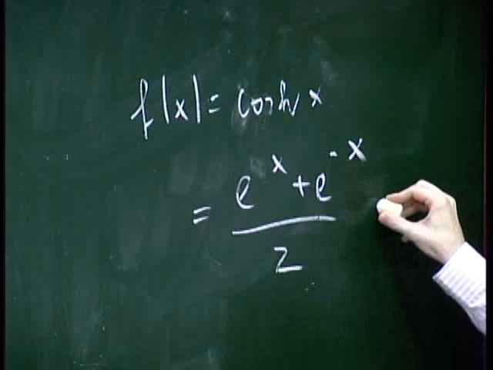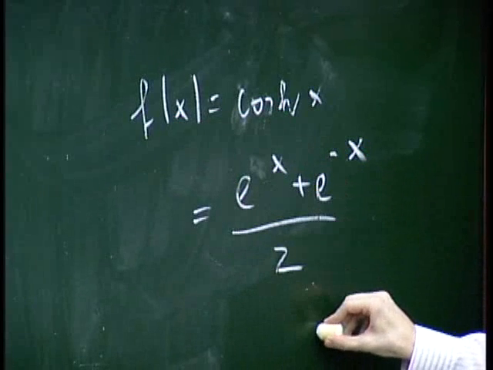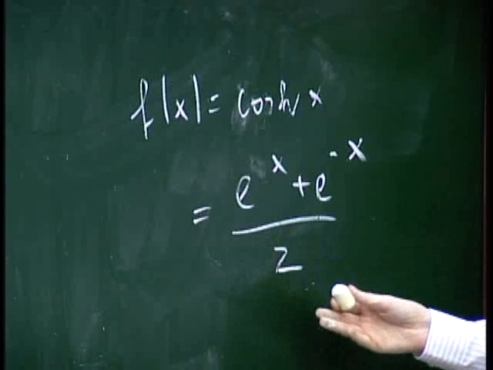So as x is getting large, this function will behave like e to the x half. So e to the x half will be, you can say, the asymptote of this function here.